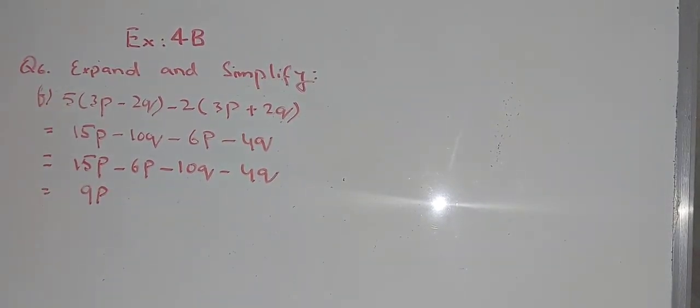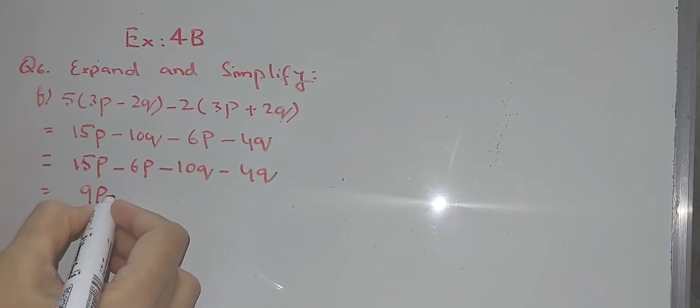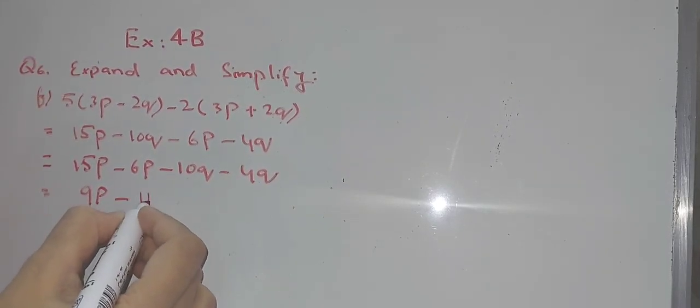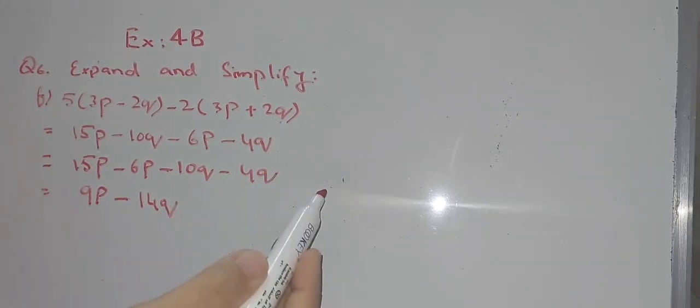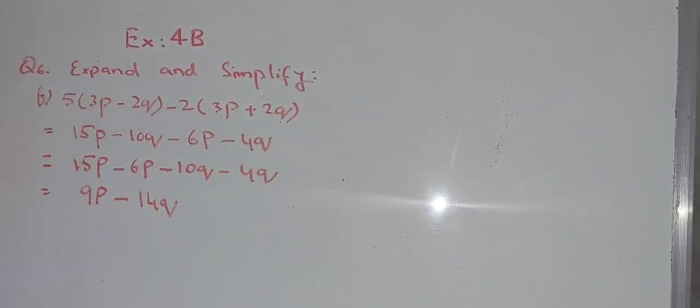Now minus 10q minus 4q. We have to add these two terms. It will become minus 14q, because both the numbers are minus, so we go for addition, but the negative sign will come here. So the answer for part F is 9p minus 14q. Now move on to part G.